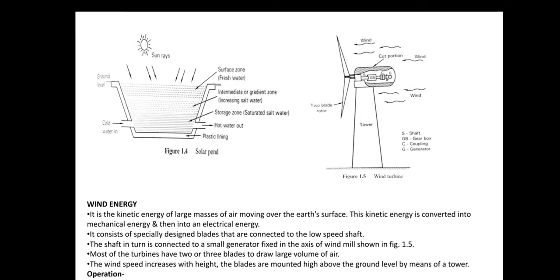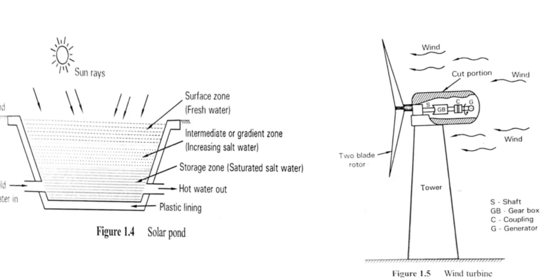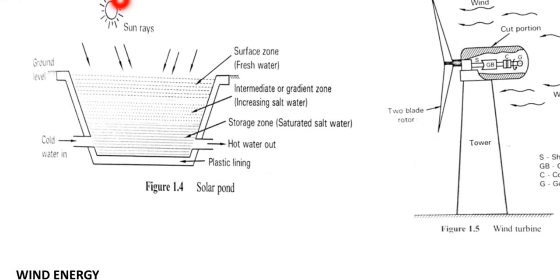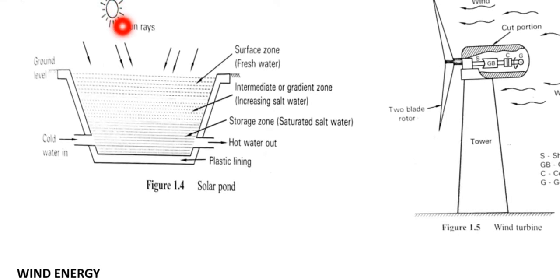You see here, solar pond. Basically this is the solar pond. This is the sun. Sun radiations travel here and fall on these water layers. We consider here three zones. The upper zone is known as the surface zone.